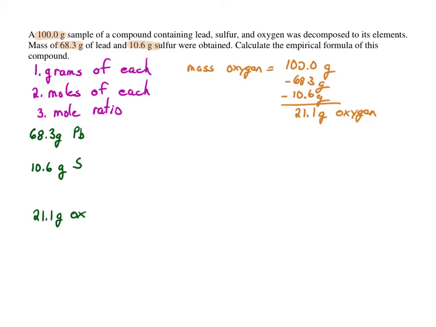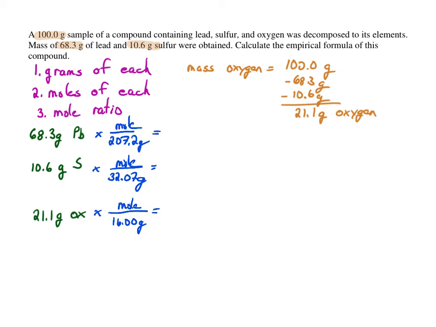We want to get to moles of each by incorporating the atomic weight of each element, a value we obtain from the periodic table. All right, so we do the calculations.